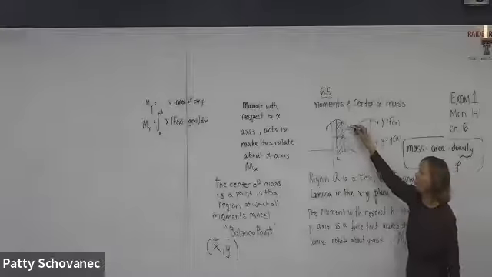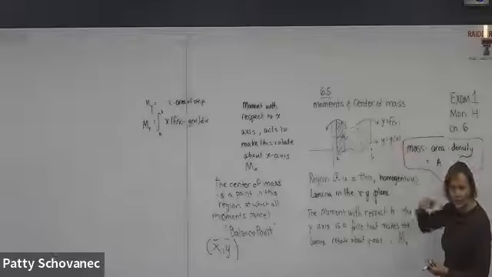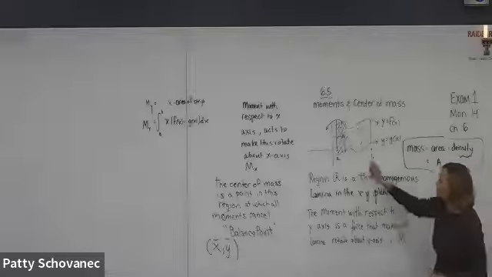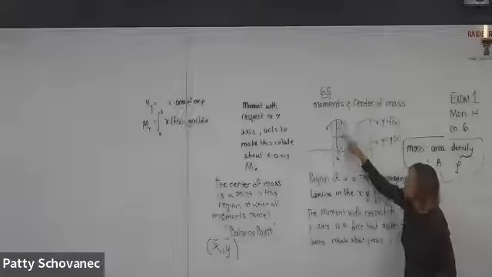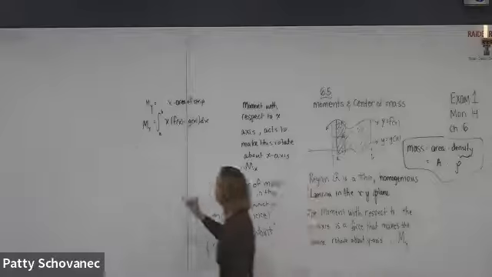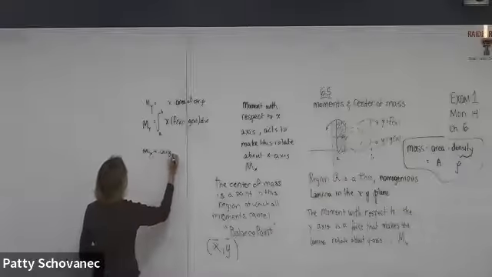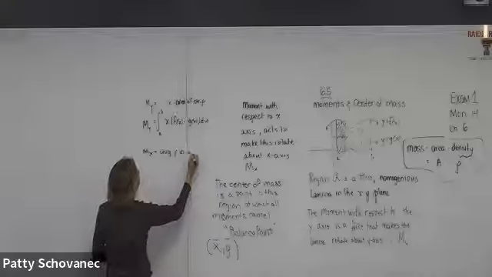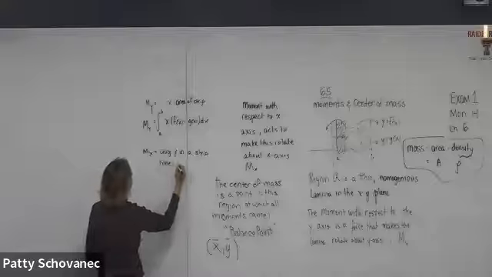I'm going to average the y values in here by adding them together and dividing by 2. So it's the average distance from the x-axis times that area: average y in a strip times the area of the strip.